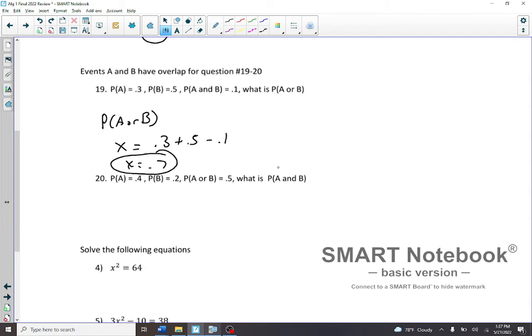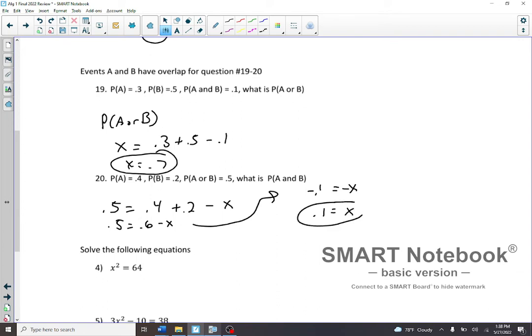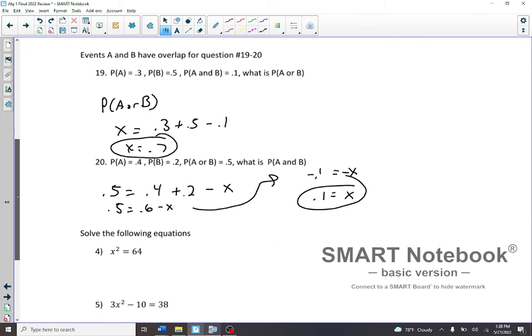And here, look back at the equation, P(A or B) is 0.5, P(A) is 0.4, plus 0.2 minus X. So 0.5 equals 0.6 minus X. Negative 0.1 equals negative X. Divide by negative 1 on both sides. 0.1 equals X. You should not get a negative probability.